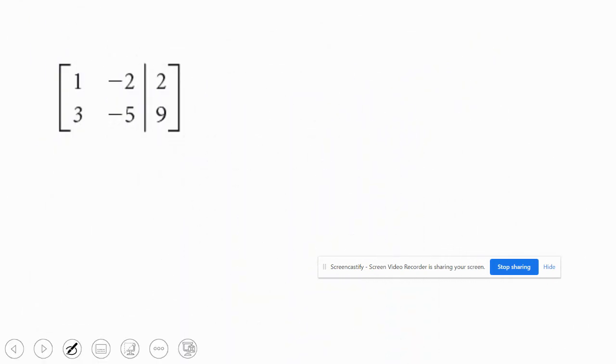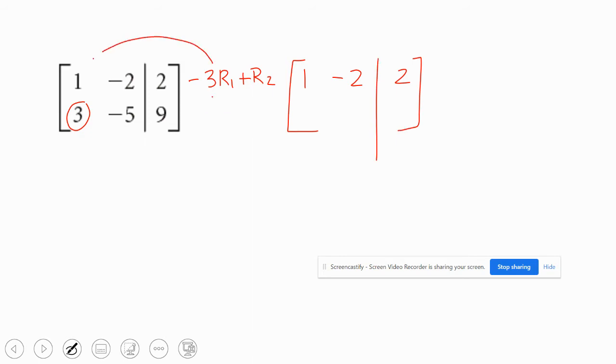So let's do one here together. I want this to be a 0. I know that if I multiply the top row by negative 3 and add it to the second row, I can get a 0. So when I do that, I'm just going to rewrite the first row, and I'm going to take negative 3 times this value.